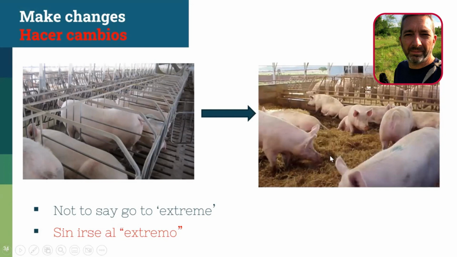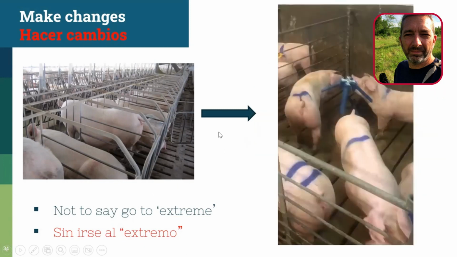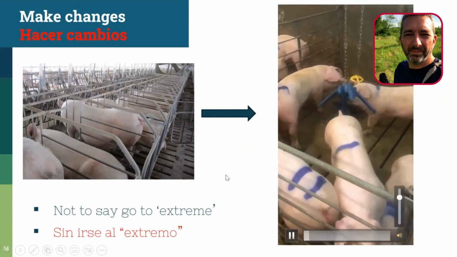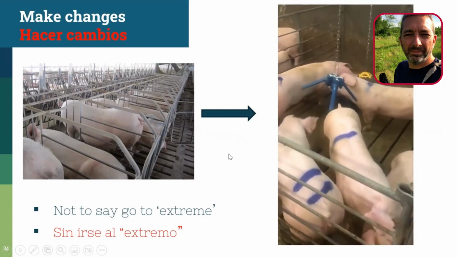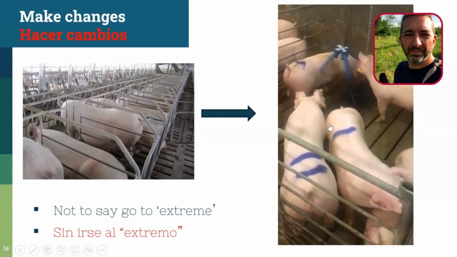It might well be that where we've got fully slatted systems, obviously we're not going to be able to go to full straw bedding, for example, and we're going to have to find ways to deliver our enrichment in a different way. We're only now beginning to really move towards this within North America, and again we have this issue of fully slatted systems.